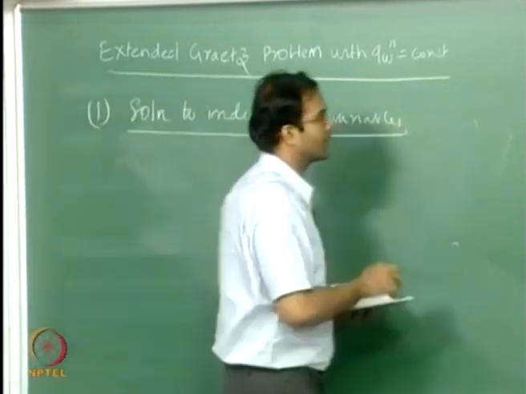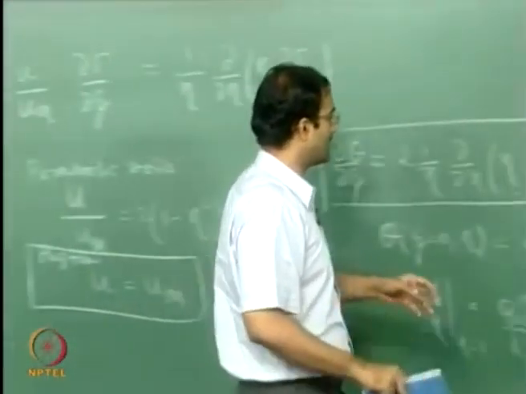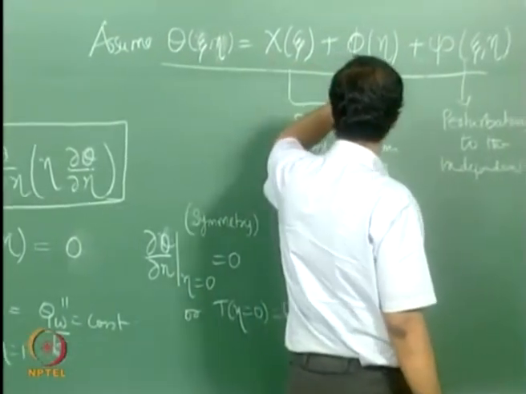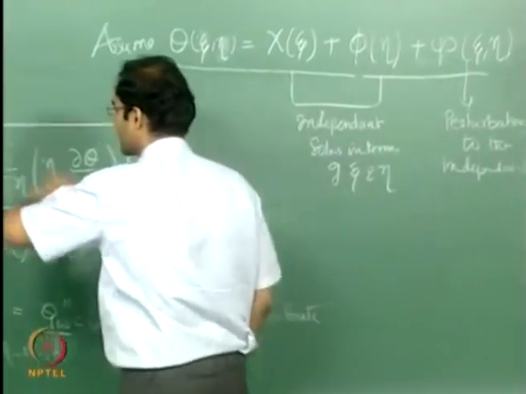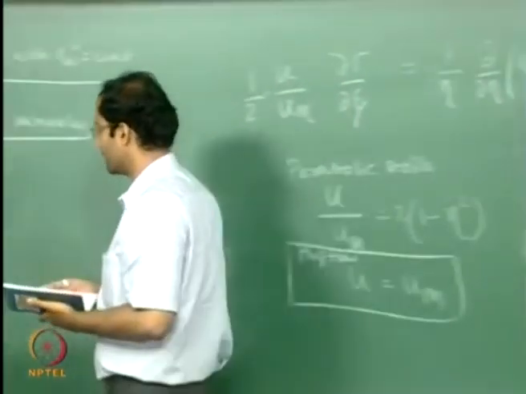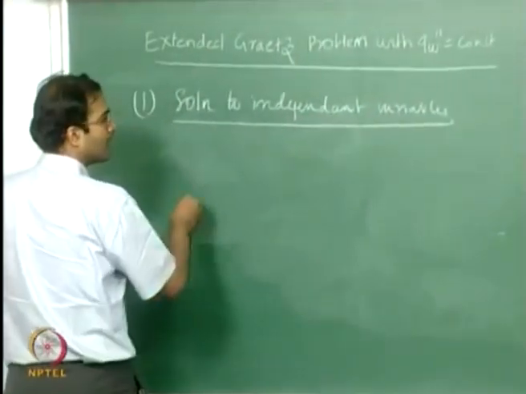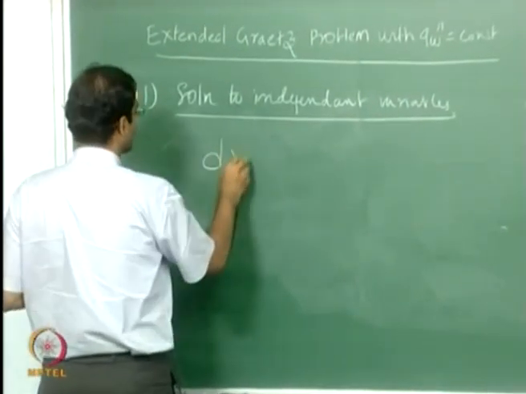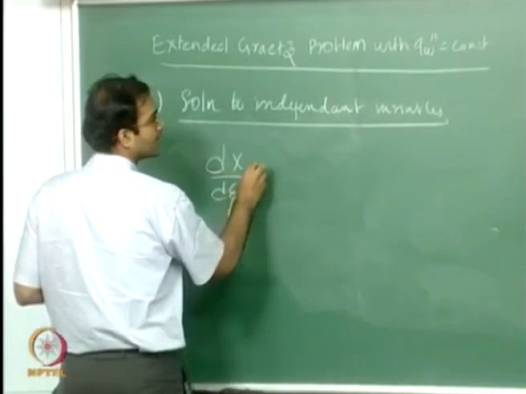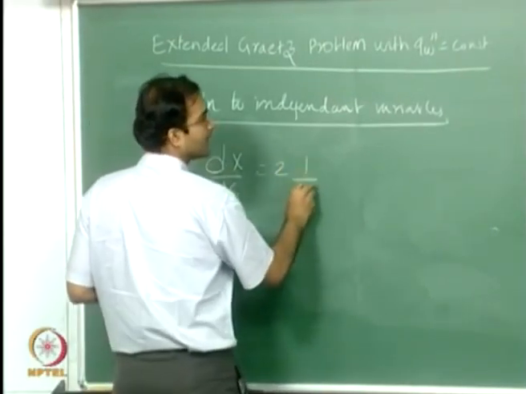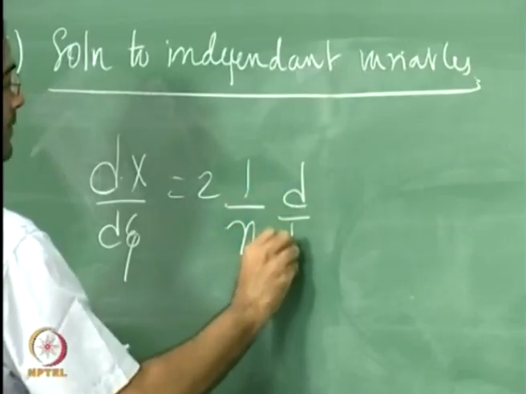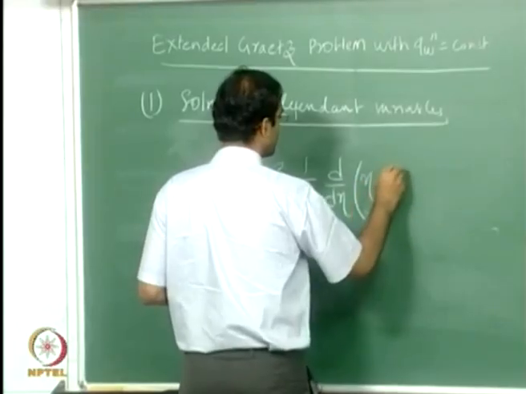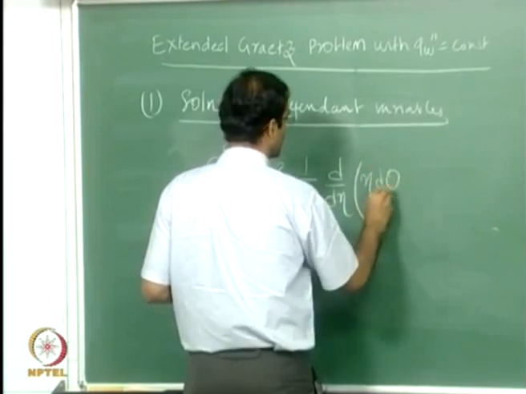Now I can substitute X of zeta and phi of eta separately, and they will satisfy this in such a way that you should have dX by d zeta equal to 2 times 1 by eta into d by d eta of eta d phi by d eta.